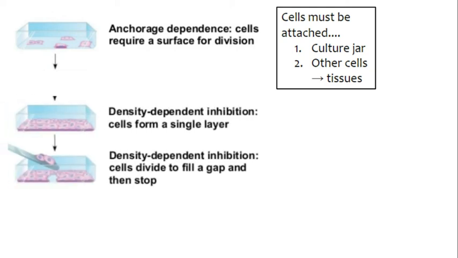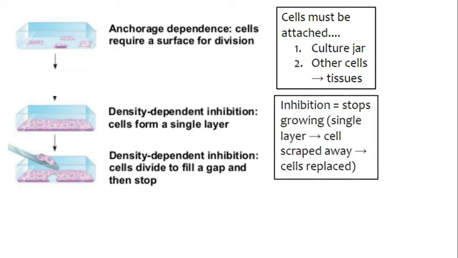So normal cells also exhibit this property called density dependent inhibition. You'll see in the petri dish or culture jar, call it what you will, you've got a nice single layer. And then if we remove or scrape some of those cells away, they'll divide to fill in that hole, but they never divide any more beyond that single layer.